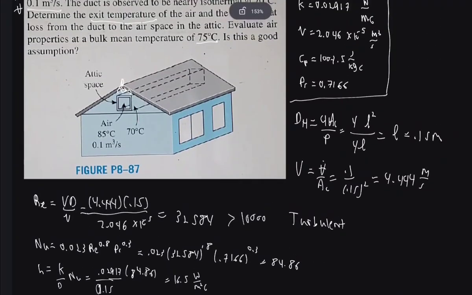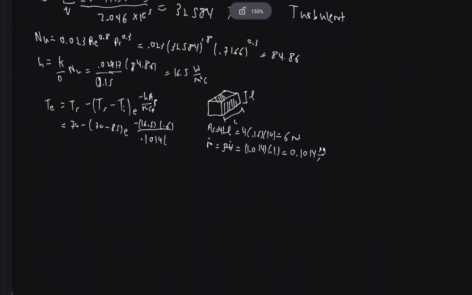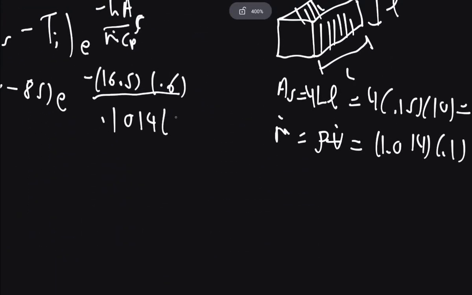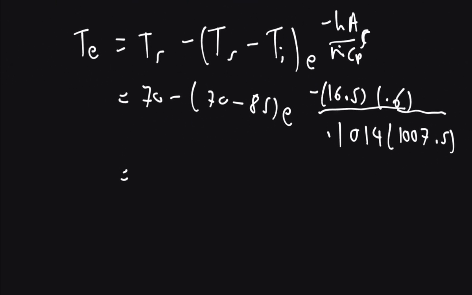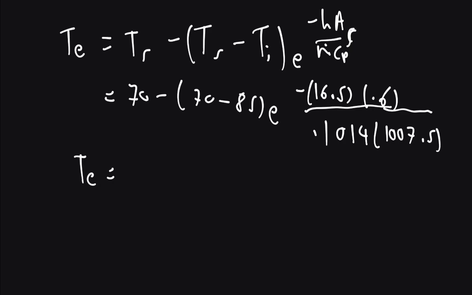What was Cp? 1007.5. Type all of this into the calculator. We get that Te is 75.69 degrees C. Nice. So that's part A.